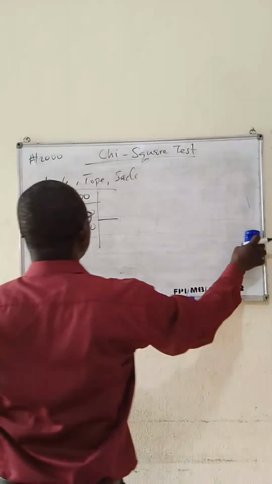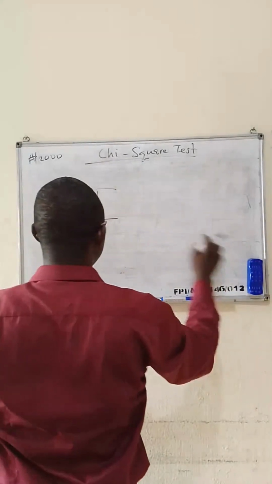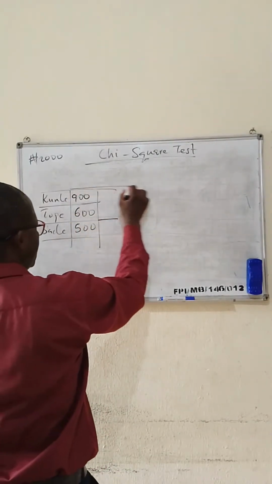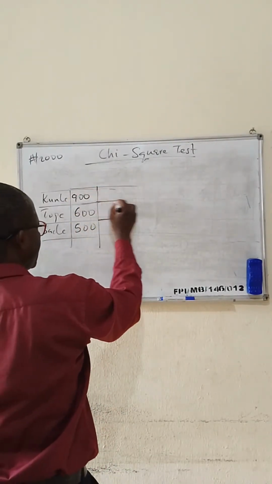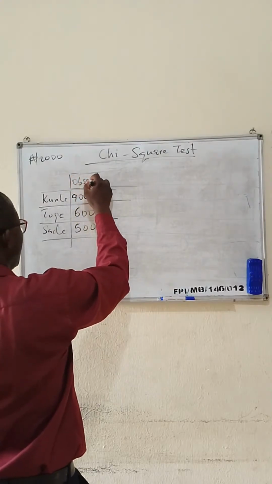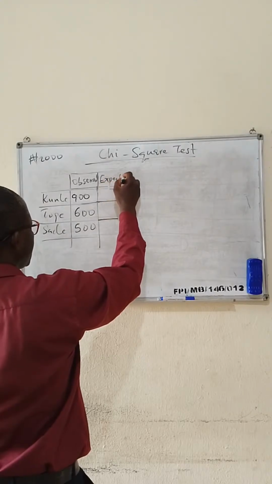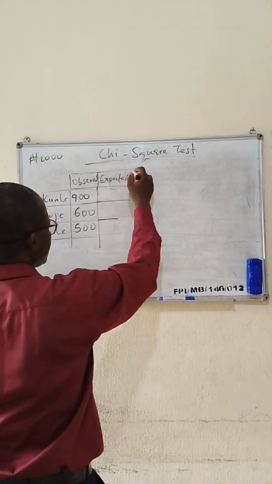We call this data given here the observed. And then we want to know what is expected. So you call this one observed, and this is expected.